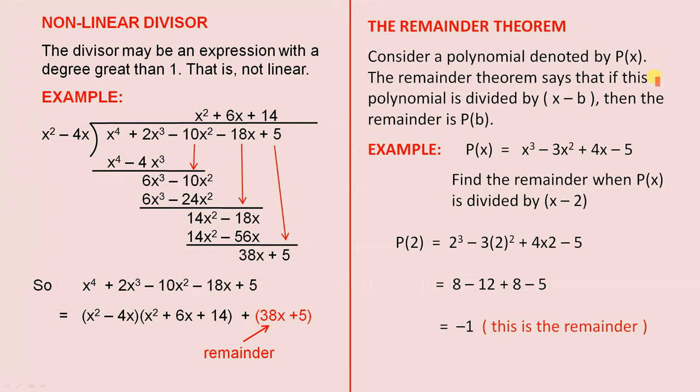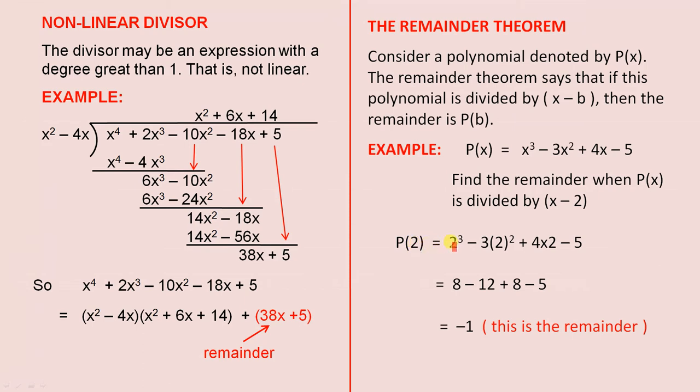The remainder theorem says that if this polynomial is divided by x minus b, then the remainder is p(b). Let's look at an example.